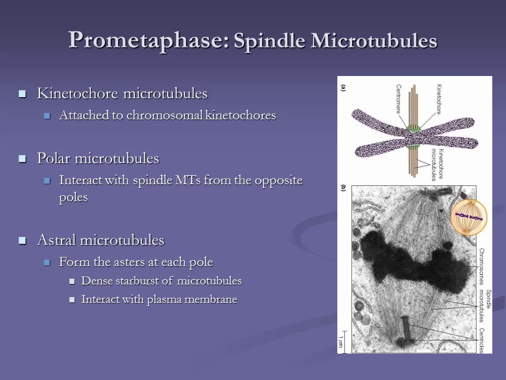Those polar microtubules, as they extend toward the end of cell division, are going to be responsible for pushing the cells away from each other. The engine's going to be in the middle, forming longer and longer spindles pushing out. So the kinetochores move and separate the sister chromatids. The polar microtubules are going to push the daughter cells away from each other.